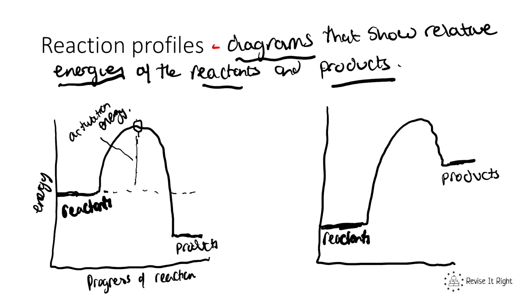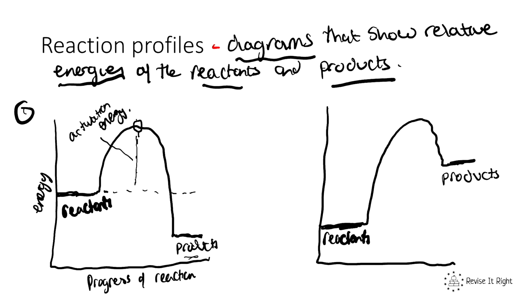Now you may realise, or you may not have realised, that in this first example the energy of the products is less than the energy of the reactants, which means that energy must have been released into the surroundings, because no energy can be lost or gained. So if the energy has gone down, the energy must have been released into the surroundings.